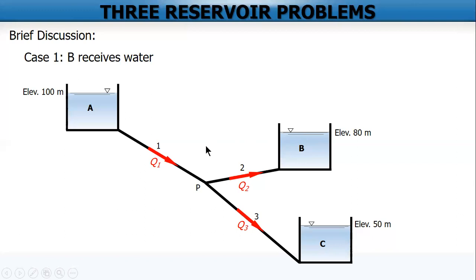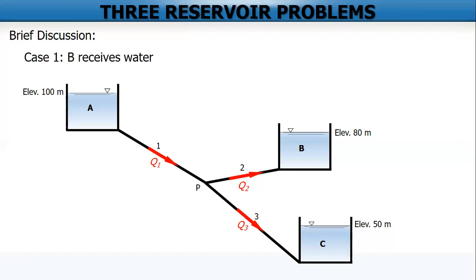Here we use this Q2, because one of the characteristics of the hydraulic grade line is that it will slope downward in the direction of flow. Always remember that: the hydraulic grade line slopes downward in the direction of flow.